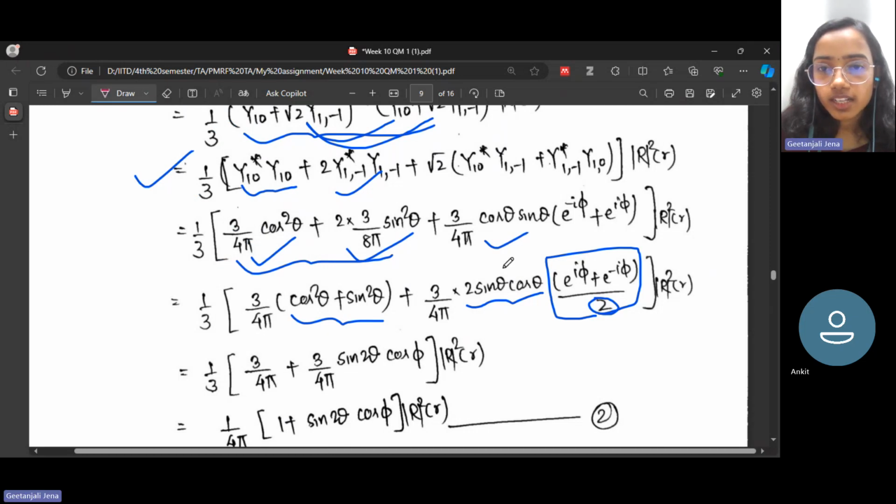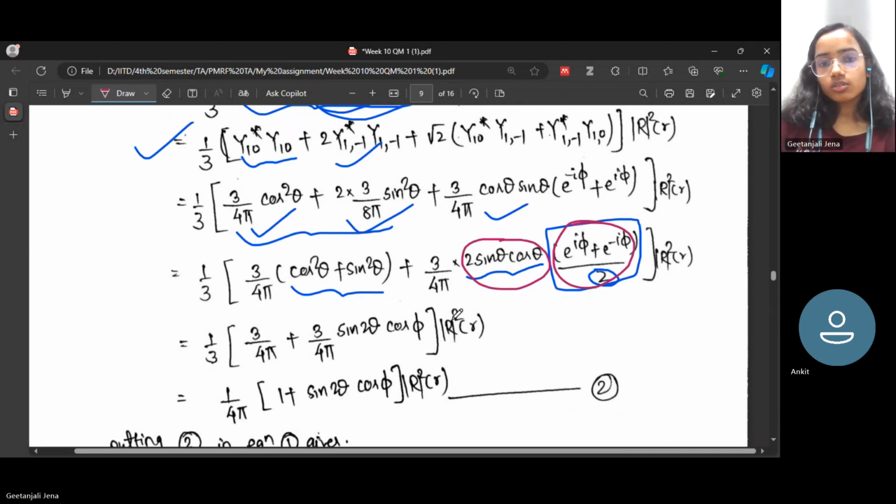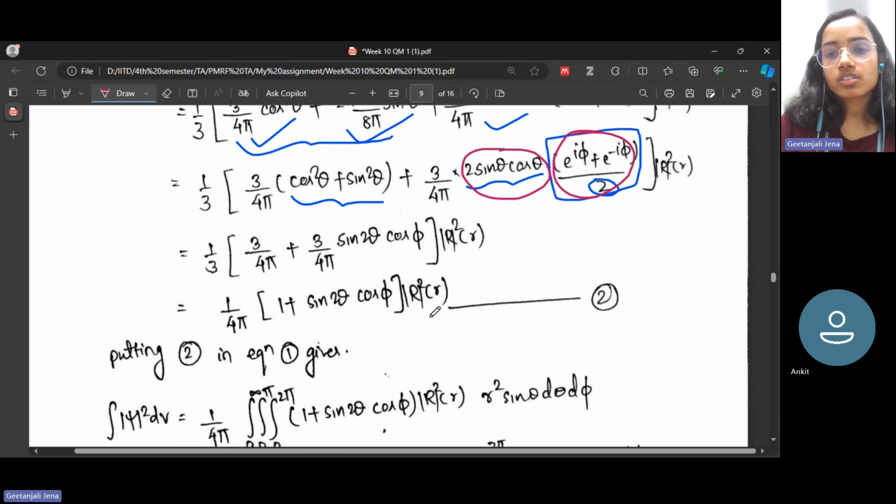This 2 sin theta cos theta is nothing but sin 2 theta, and this one is cos phi, right? So just put the expression, then you will get psi square as 1 by 4 pi, 1 plus sin 2 theta cos phi, times r square.